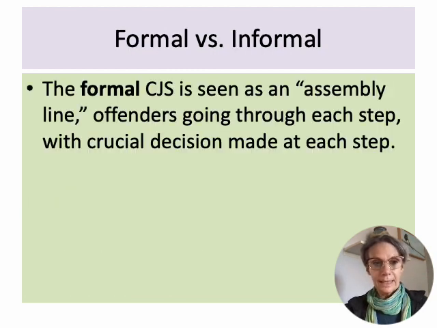So as we learned in the last lecture, the formal criminal justice system is really seen as this assembly line. This line where there are clear steps in each of the stages of the criminal justice system, and the offender goes through each of those steps, and there are crucial decisions made at each of those steps.